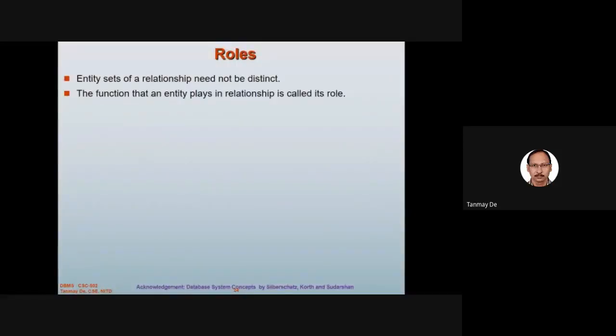Roles are important when entity sets are not distinct in the relationship set. It will be clearer if we consider an example.